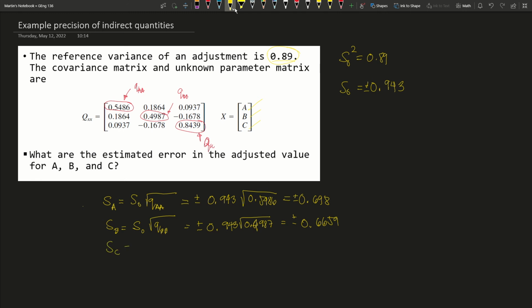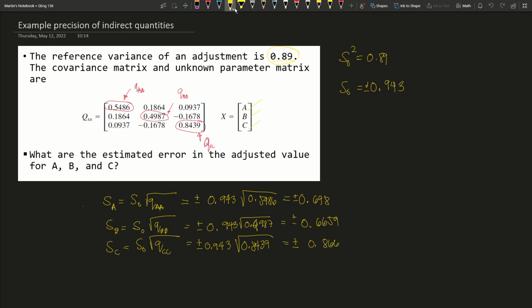And for S sub C, it will be S sub O times the square root of QCC, equal to plus or minus 0.943 times the square root of 0.8439, which is plus or minus 0.866.